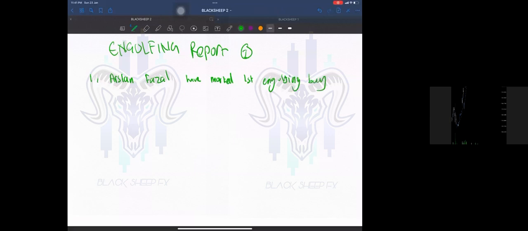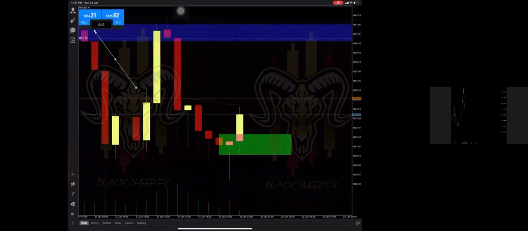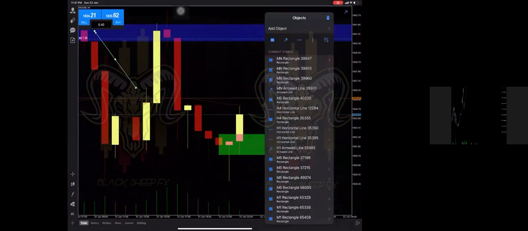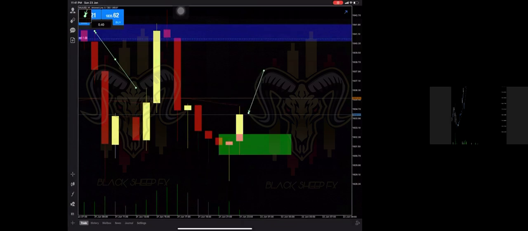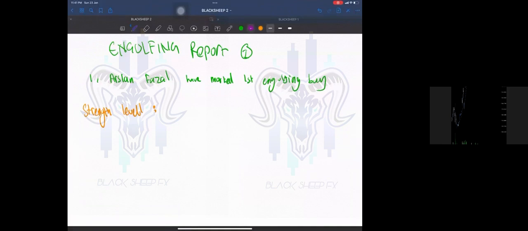So then I need to know the strength level of that engulfing buy. Maybe when I look at this, it was not that strong. It did the engulfing buy, but it stopped here at the potential resistance zone. It didn't fly like crazy. So strength level is weak to medium.